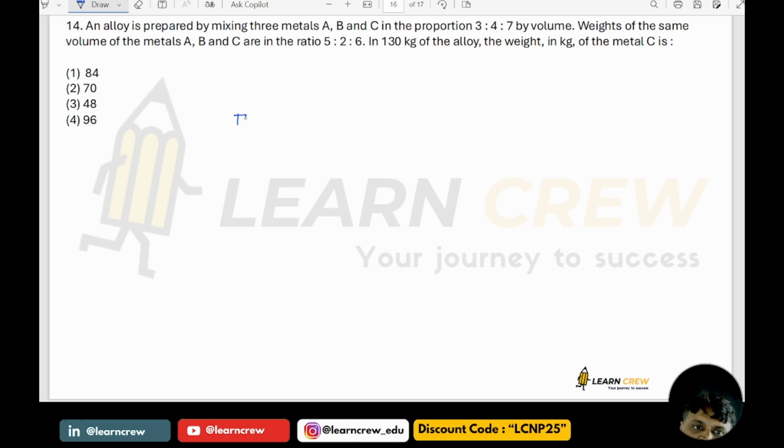So the total weight ratio would be 3 into 5 is to 4 into 2 is to 7 into 6, which is 15 is to 8 is to 42.